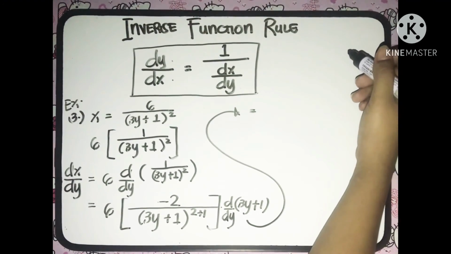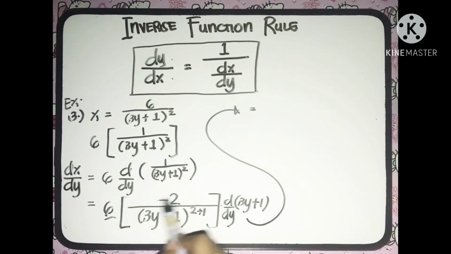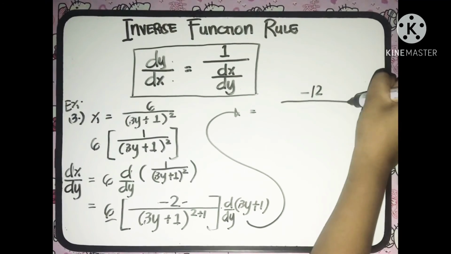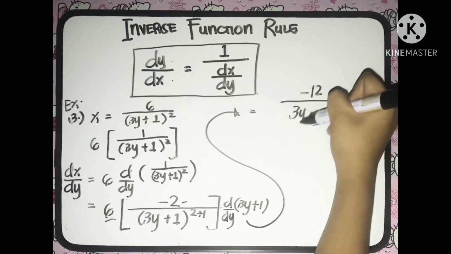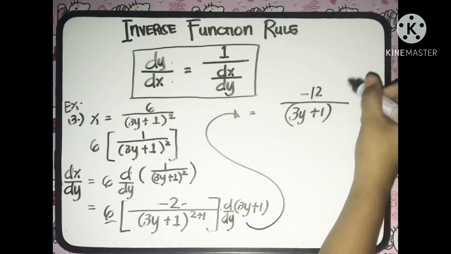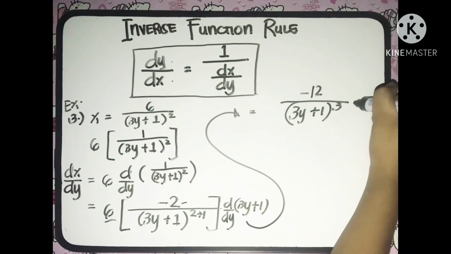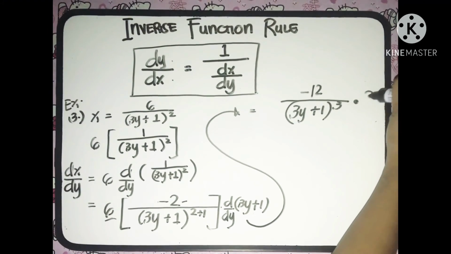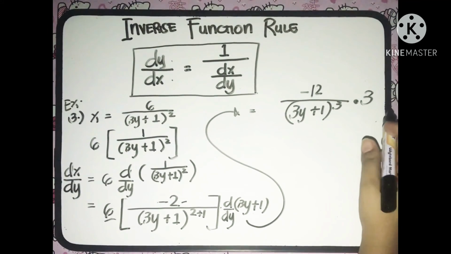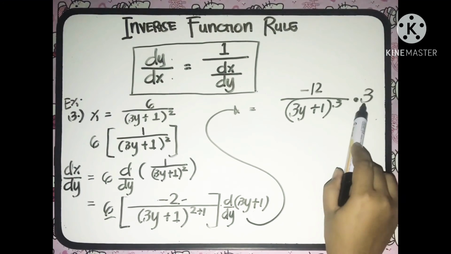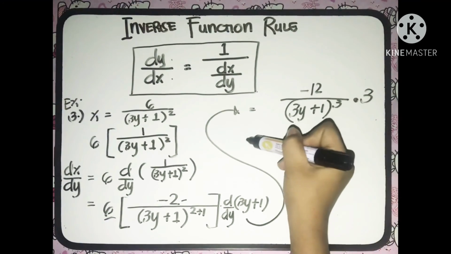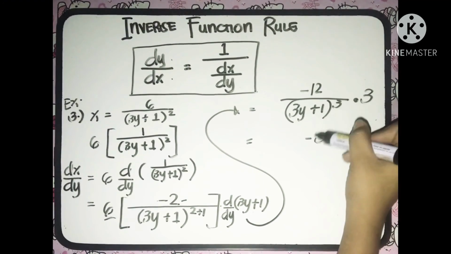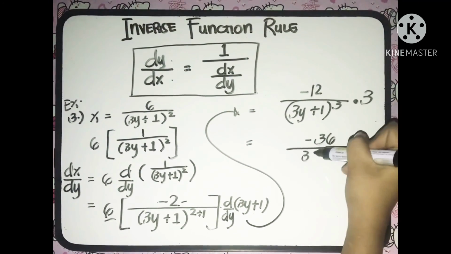Okay, so when we multiply the 6 and negative 2, we'll have negative 12 over 3y plus 1 raised to 3, then multiplied to the derivative of 3y plus 1. Okay, it is equal to 3. And then, we'll have 3 multiplied to negative 12, which will be equal to negative 36 over 3y plus 1 raised to 3.